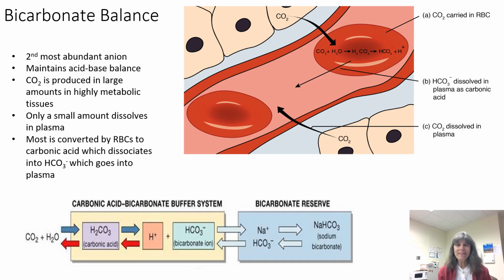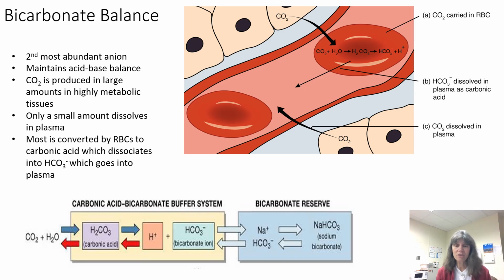So again, these chemical reactions are going to be driven by concentration gradients that are created by the metabolic activity of our cells. The more carbon dioxide that's produced, the more carbonic acid that's produced, and again, that can be broken down into hydrogen and bicarbonate.